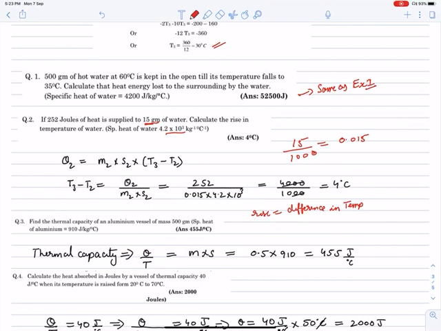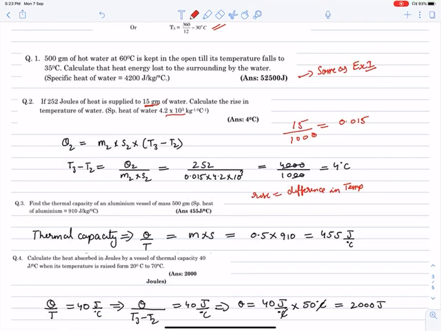Now, the thermal capacity of an aluminium vessel of mass 500 gram. Thermal capacity is defined as Q by T. It is defined as Q by T is equal to M into S. See, it is again your master formula, Q is equal to M2 into S into T, but here it is thermal capacity.